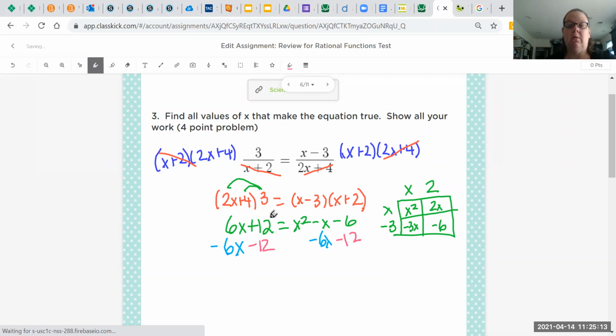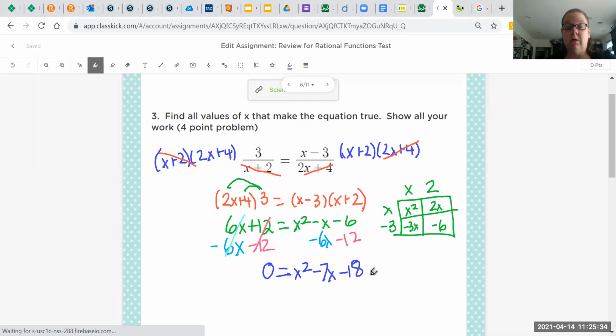That will cancel this out, and that will cancel this out. So now I can simplify it, and it's 0 equals, this x squared is still the same. Negative x minus 6x is negative 7x, and negative 6 minus 12 is negative 18.